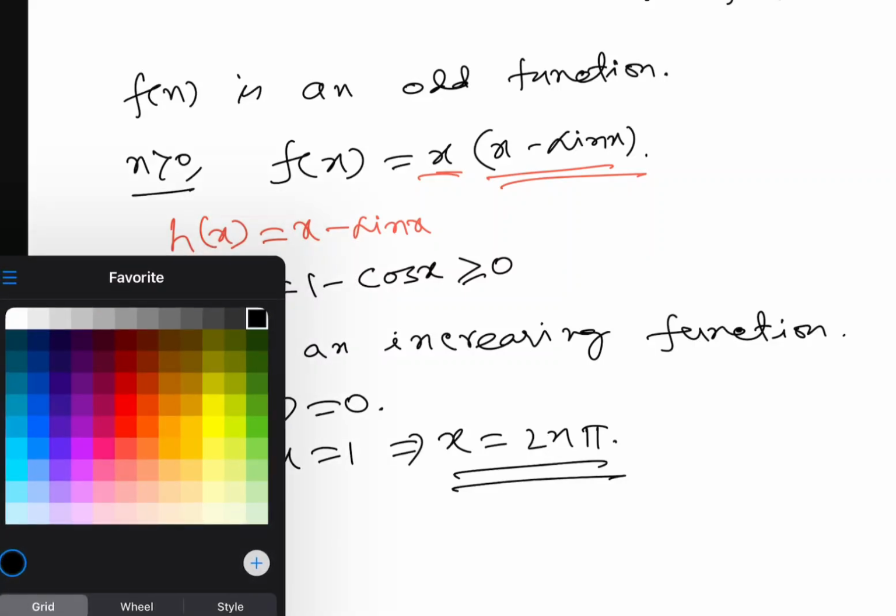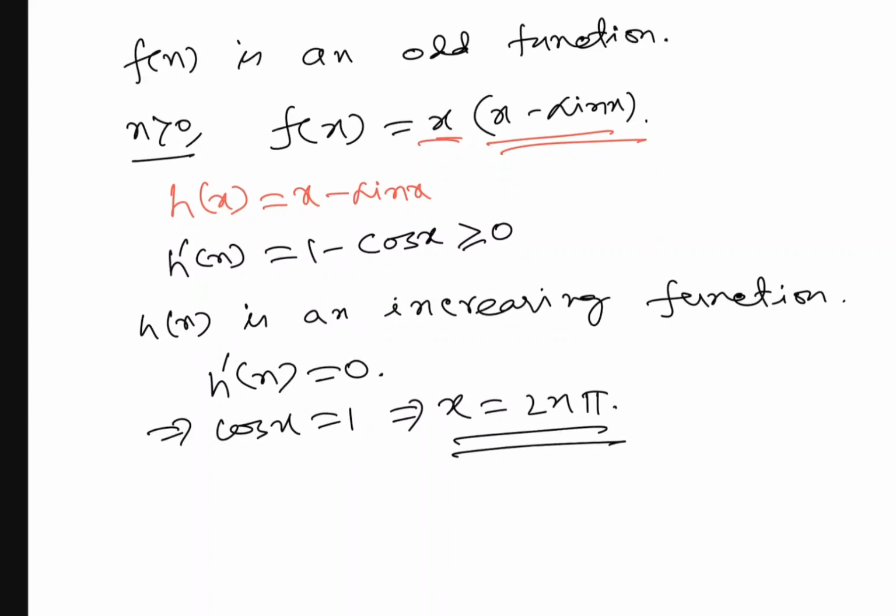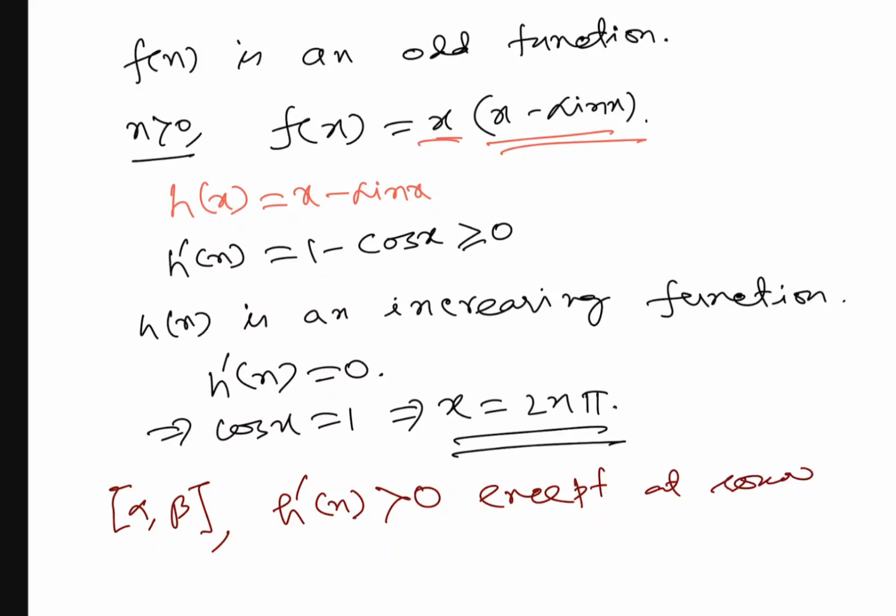Now students, using Lagrange's mean value theorem, we can see that, consider an interval (alpha, beta), and in this interval h'(x) is always positive, except at some finite points, because n is a natural number.